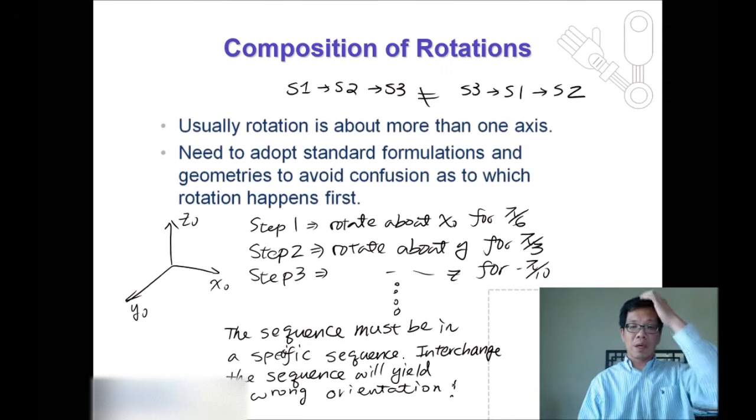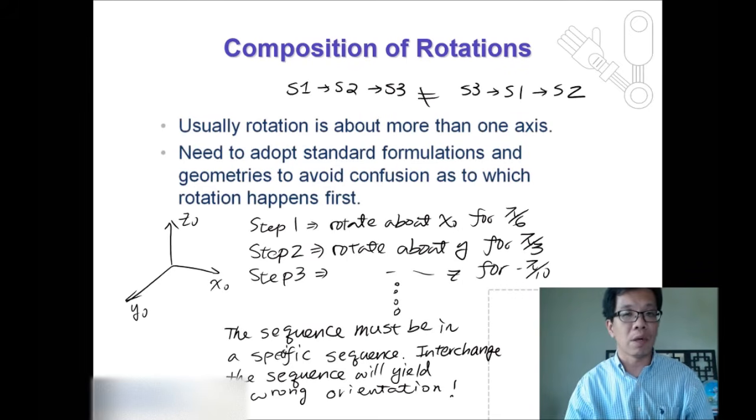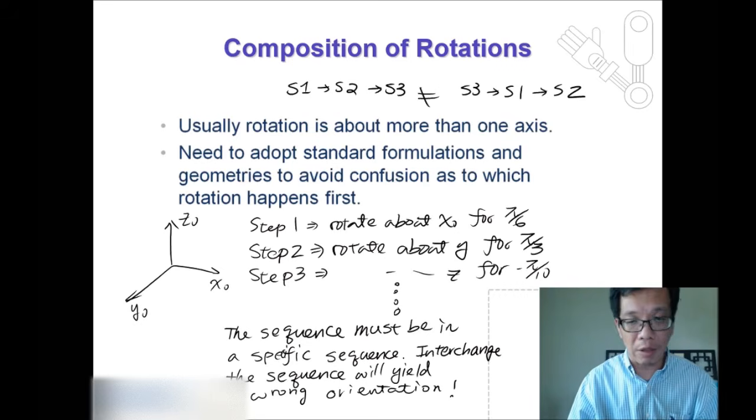So this must be remembered. You cannot just interchange the sequence based on what you want. The sequence must be specific if you want to have a specific rotation or orientation of the object. That is going to be important.